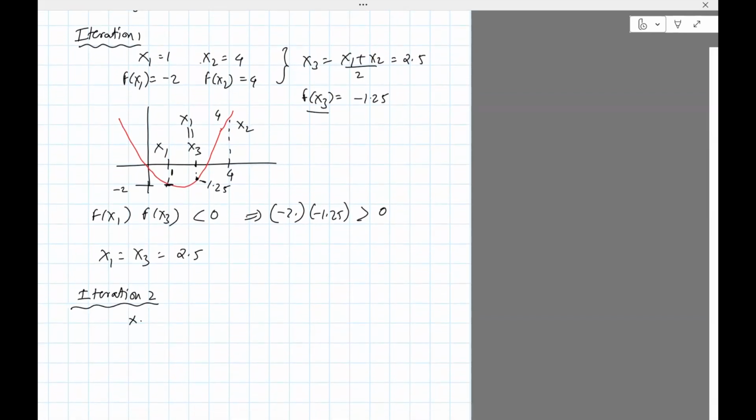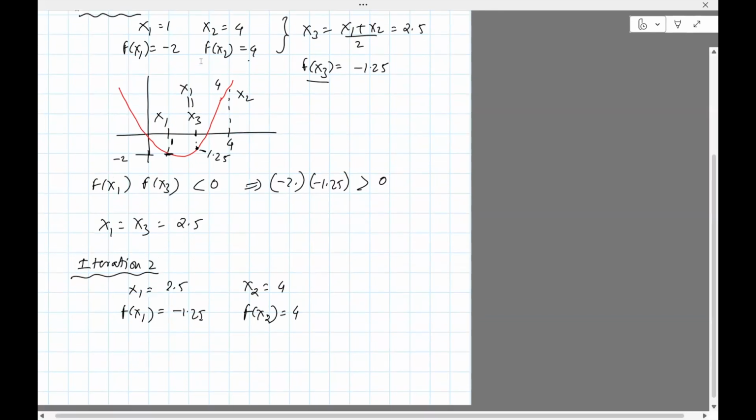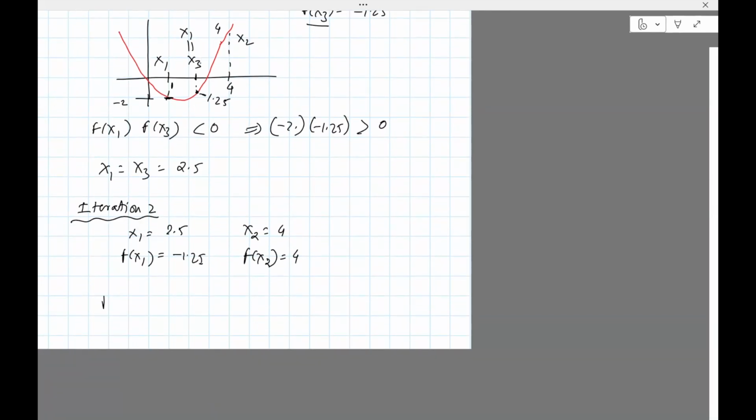Okay, now our x1 is 2.5. F of x1, we've already computed that. It's negative 1.25. x2 is 4. F of x2, we've computed that to be 4. Okay, so then we need to do the third x3. x3 is x1 plus x2 divided by 2.